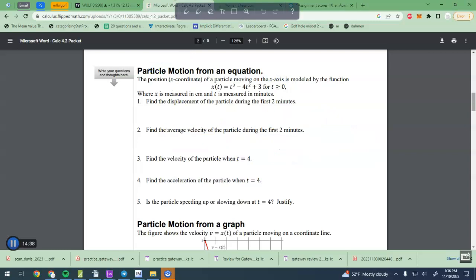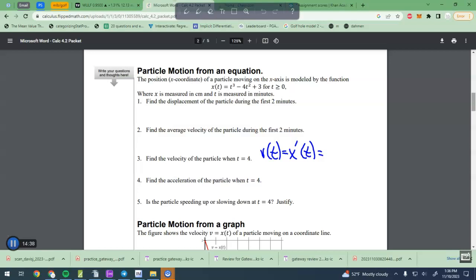Find the velocity when t equals 4. So the velocity function is the derivative of the position function. This is kind of confusing to some people because the position function, they might call it h for height. They might call it s, which is weirdly for position, even though it's not the first letter. They might call it x. They all mean the same thing. You just got to get used to that.